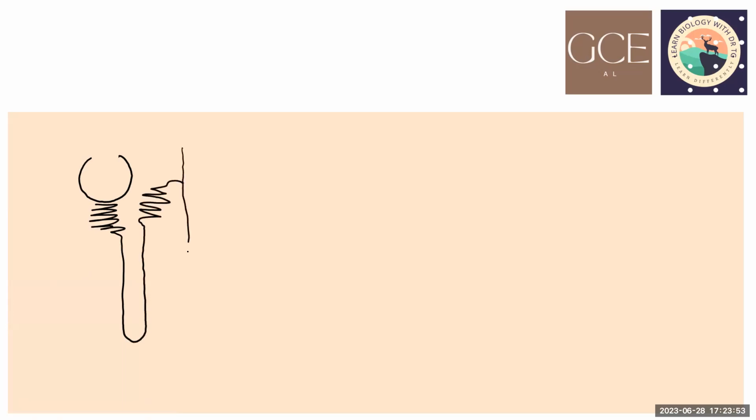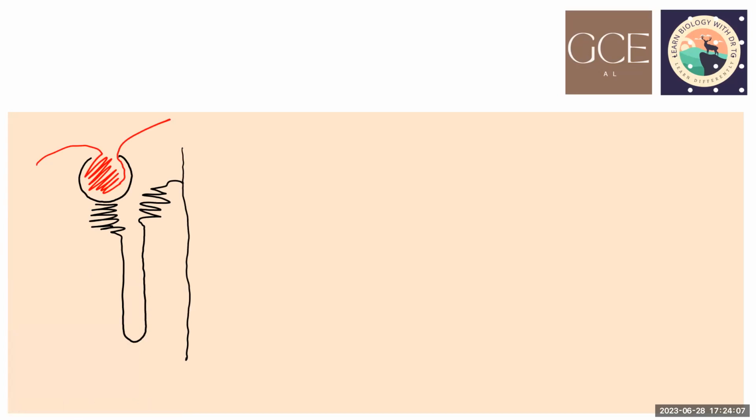Can you remember? You have learned the Bowman capsule, the cup-shaped structure, proximal convoluted tubule, loop of Henle, distal convoluted tubule, collecting duct. The blood supply is the afferent arteriole, glomerulus, efferent arteriole.